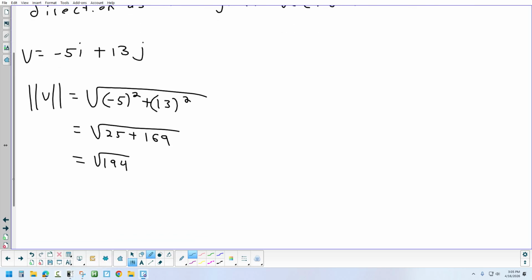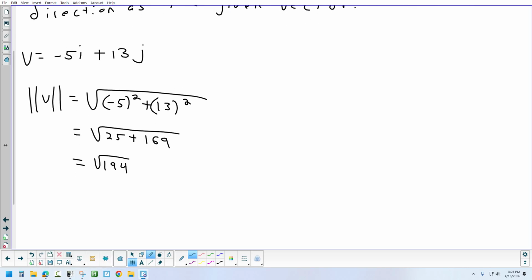So what do we have to scale the vector by to make the length 1? Yep, 1 over the square root of 194. We're going to multiply that out to each component, and that'll make it have a length of 1.